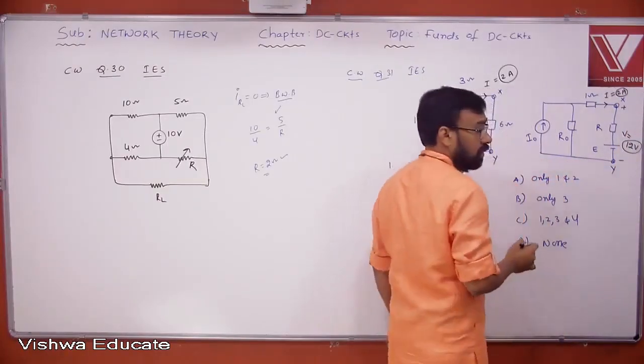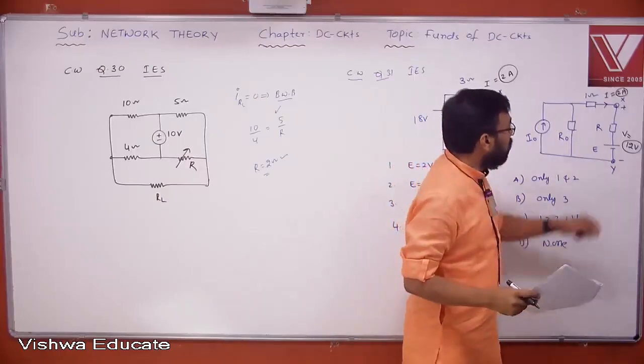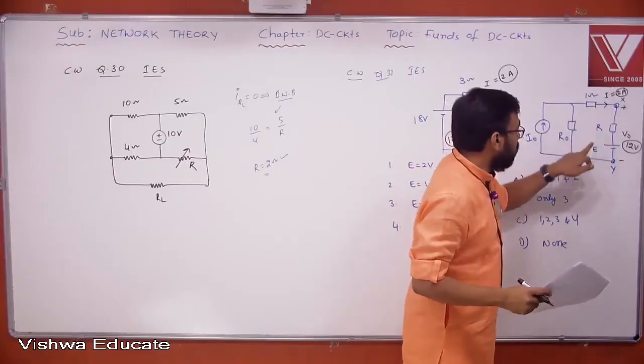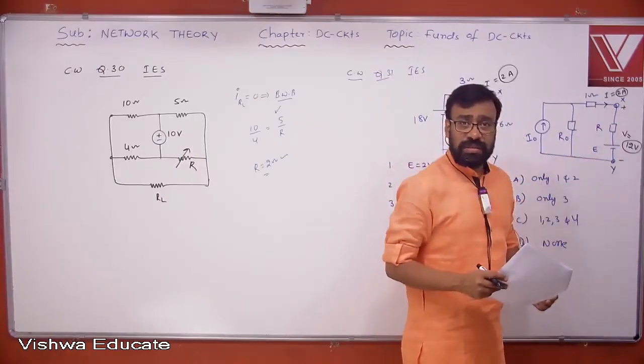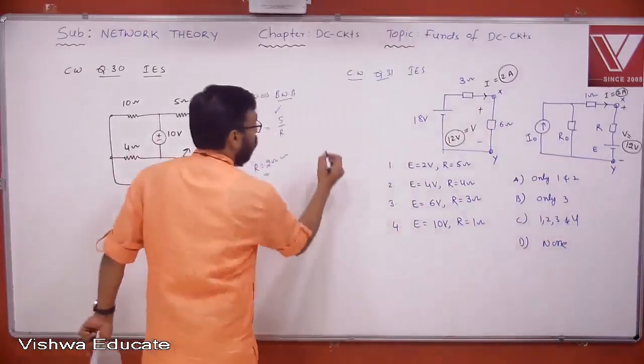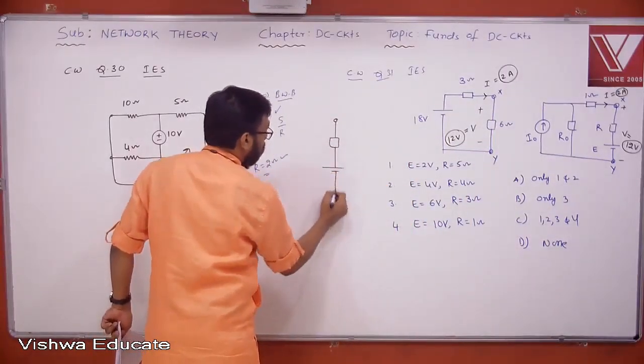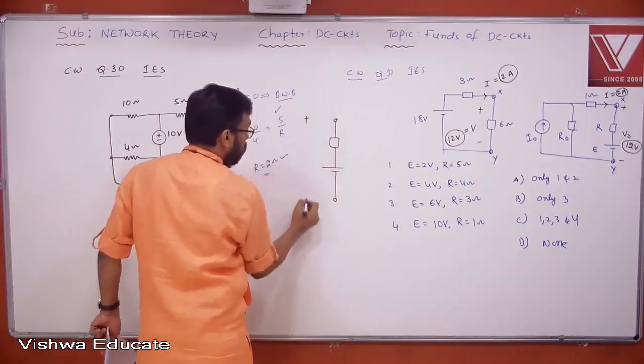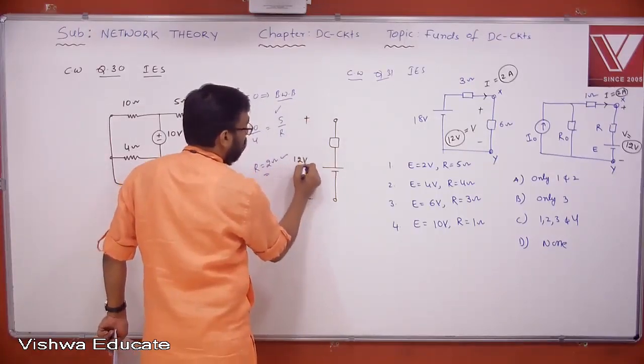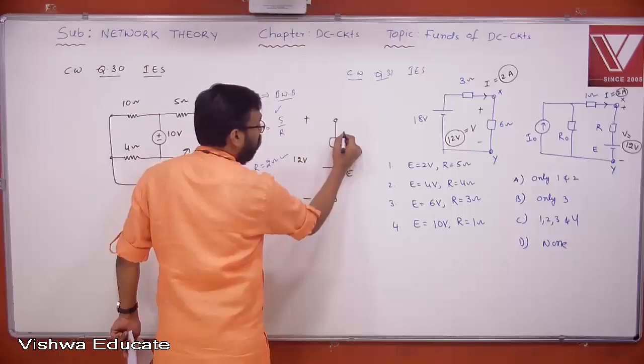Now what is the relation between this 2 ampere, this R, this E and this 12 volt? You know that, this is 12 volts, this is E, and this voltage is how much?